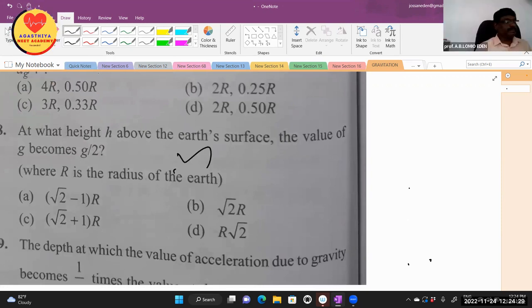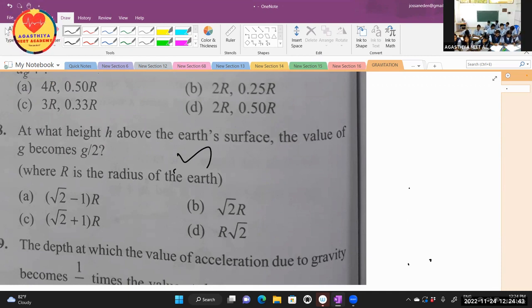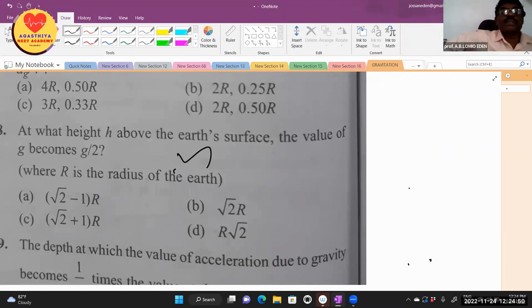Do this problem. At what height h above the earth's surface does the value of g become g by 2? Very simple question.